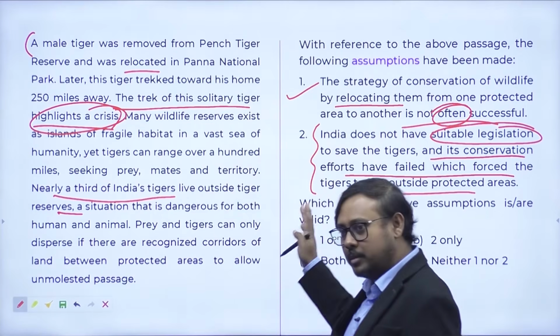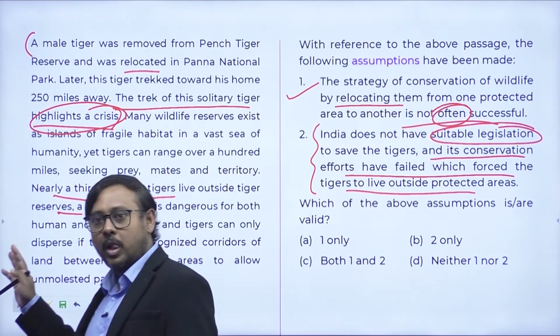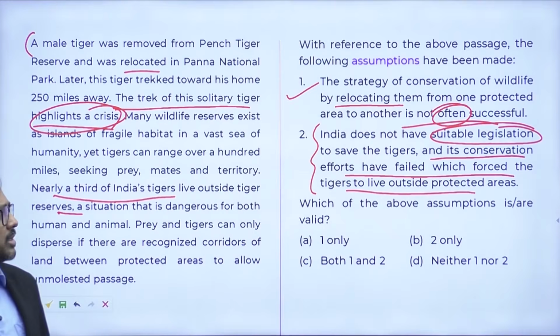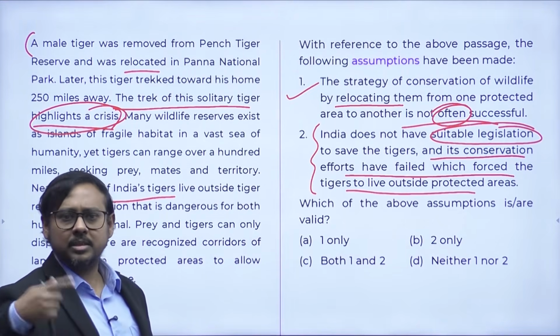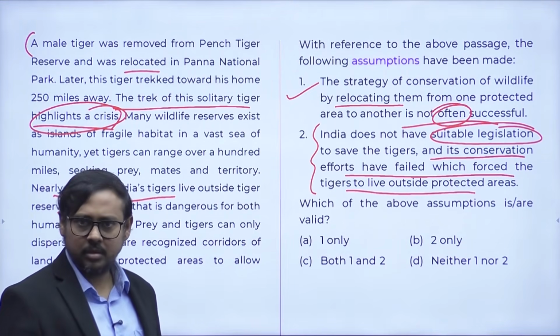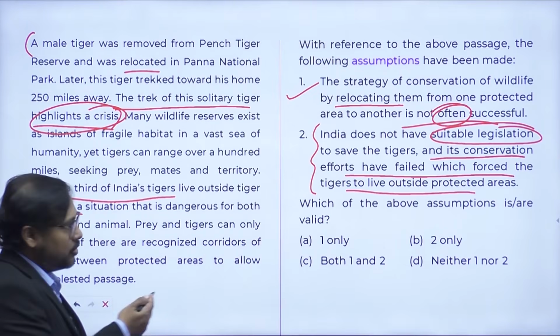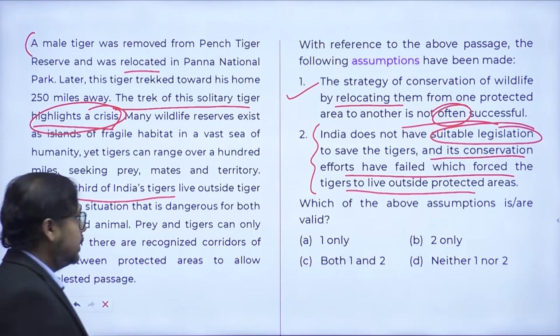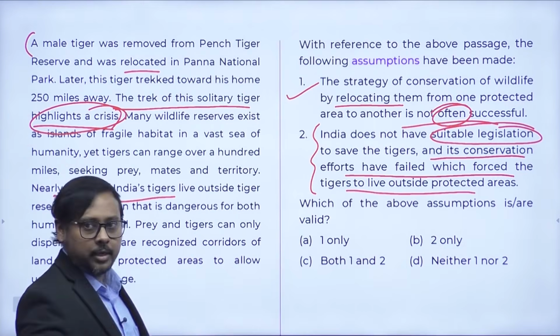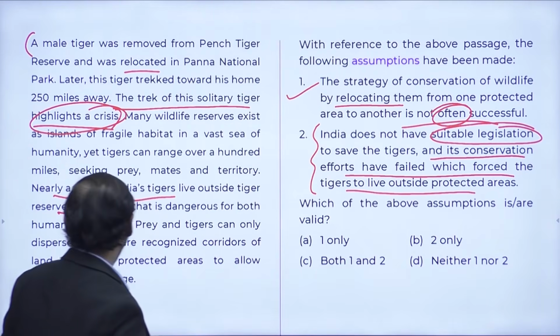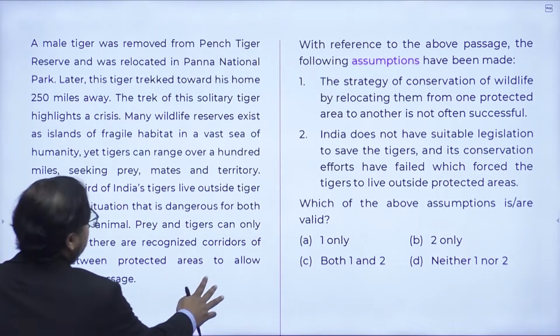We have Project Tiger, like not legislation, but similar schemes. We have Project Tiger schemes also, right? So we have these conservation measures. So yes, you are right. So we can use that knowledge also. Okay.